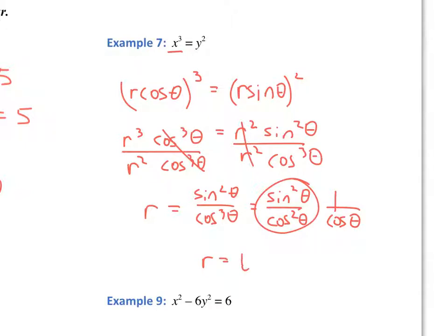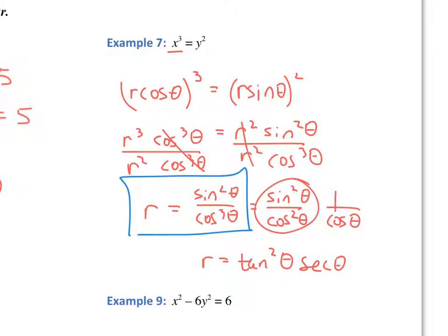So R is equal to tangent squared theta. And then since we're doing that, why don't we go ahead and change the 1 over cosine theta to secant theta. If you got to here, though, that's really good. I just want to show you that sometimes you might see it written like that. Make sure you understand where they're going with that, okay?